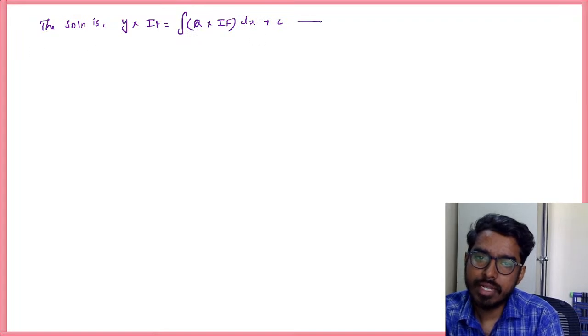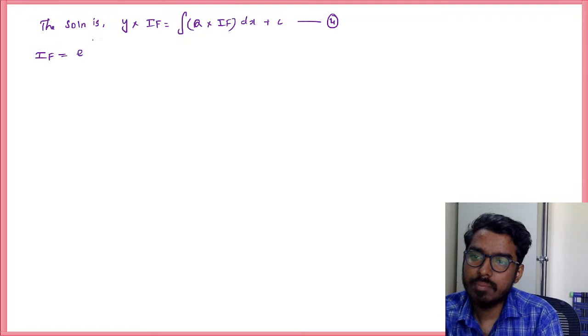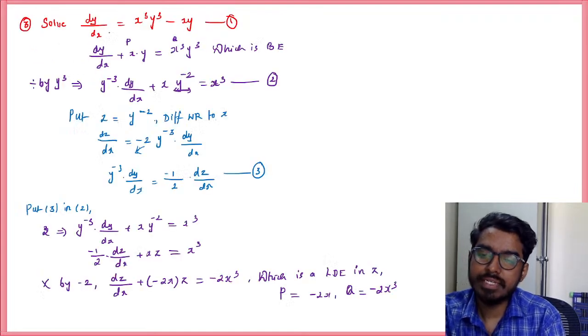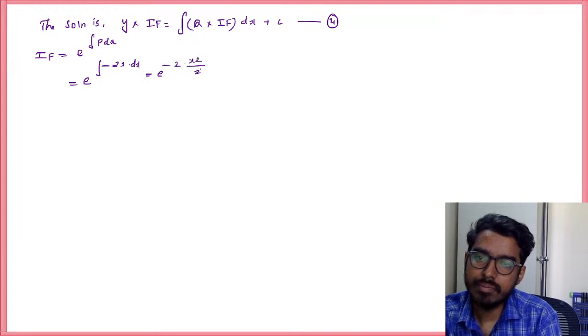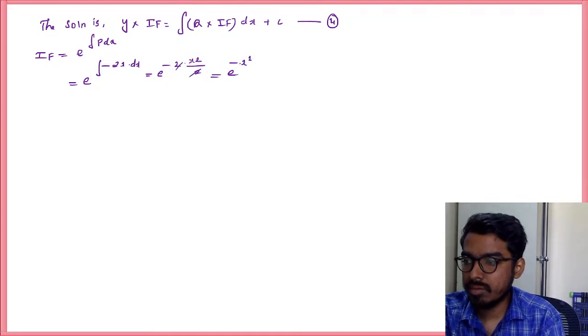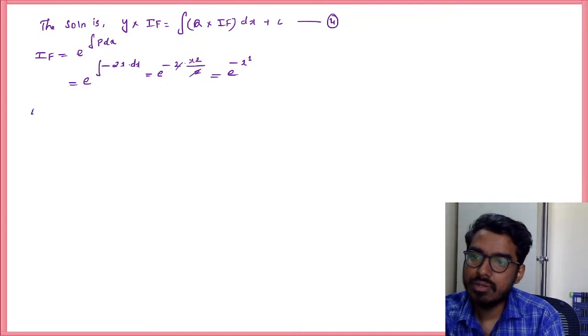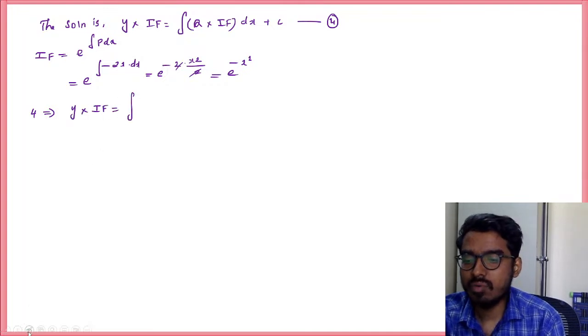What is the integrating factor? E power integration of p dx, e power integration of minus 2x dx, e power minus 2 times x square by 2. So e power minus x square is the integrating factor. Substitute back in 4, z into integrating factor, sorry, it is not y, it is z, right?